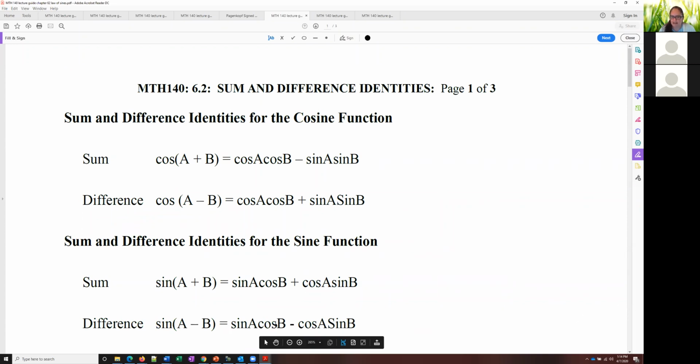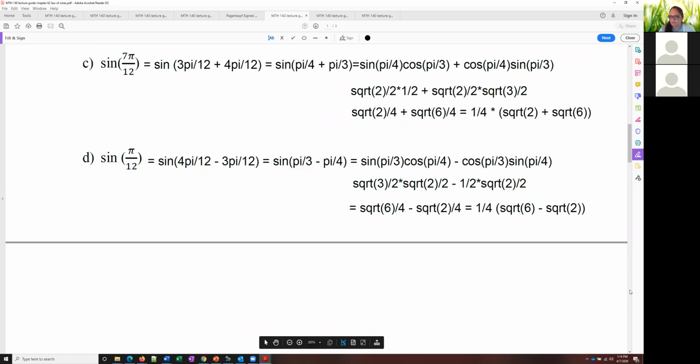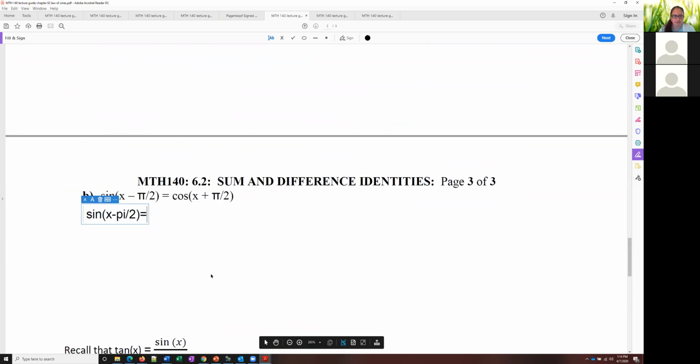So we're going to use that identity right there. Okay, so this gives me the sine of x times the cosine of pi over 2 minus the cosine of x times the sine of pi over 2.